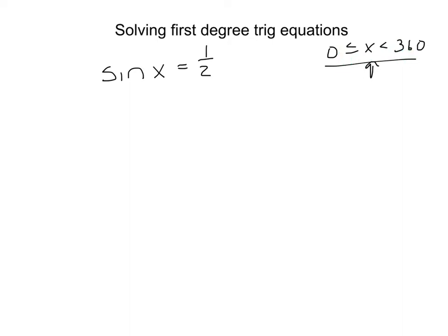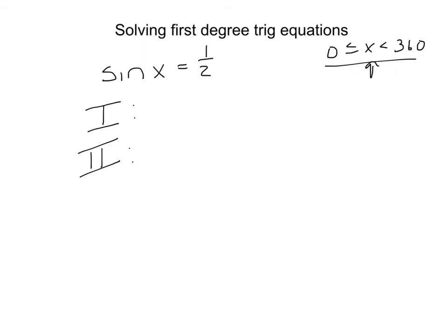Keep in mind, though, that sine happens twice. These are the 4 quadrants. And sine is 1/2 2 times. Once in quadrant 1 and once in quadrant 2. That is where the sine is positive. And so I know that 30 degrees is my reference angle from my chart table.